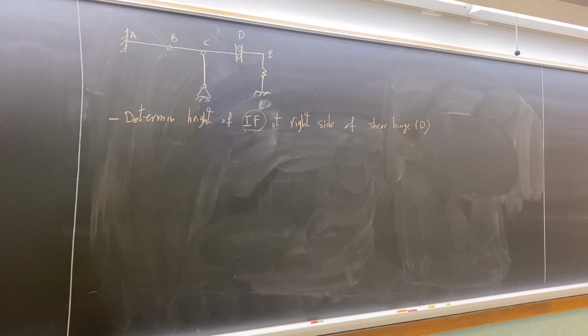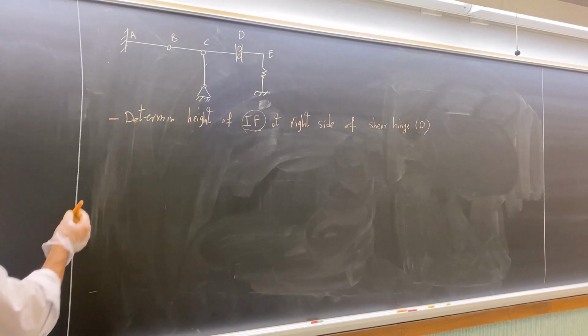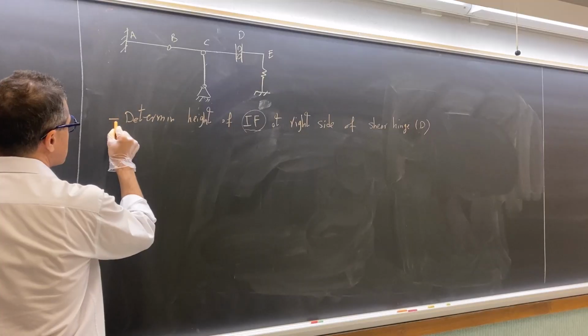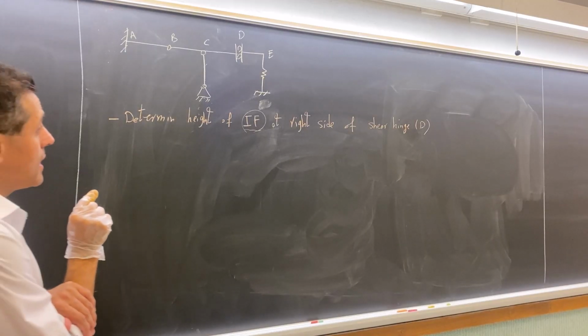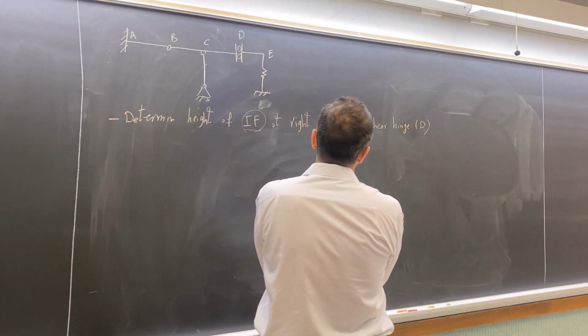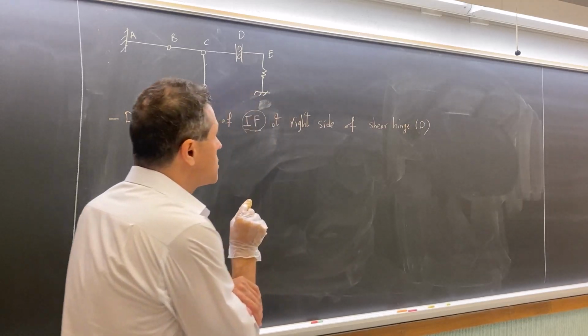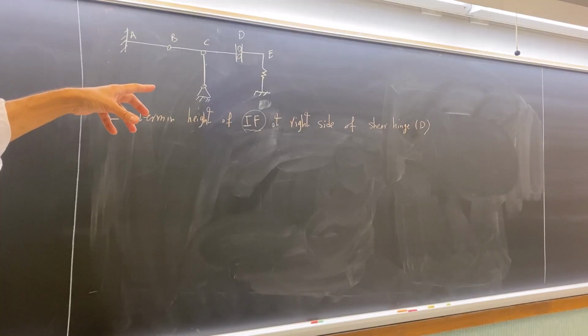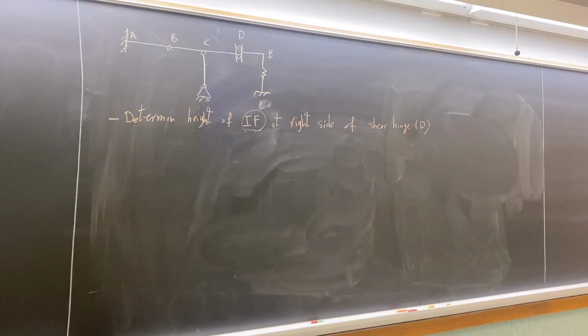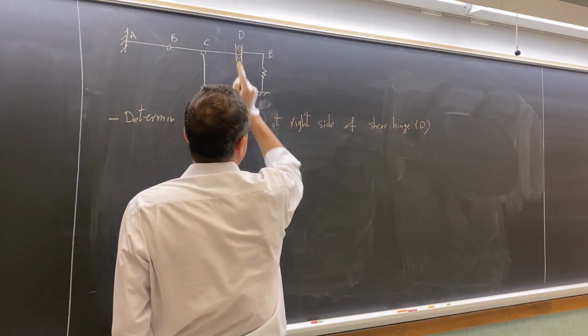Let's start with this. This is the first part of the question. So basically you don't need to draw the influence line for the entire beam. It says we just need one point out of that influence line, and that one is the right side of the shear hinge. It means the red color influence line in previous example, we don't need the entire red line, we just need one point of it, and that point is the right side of the shear hinge.